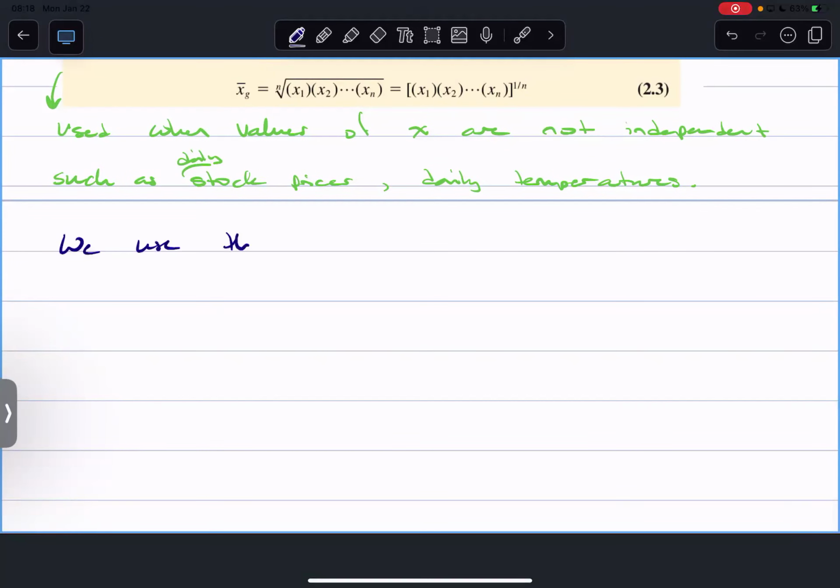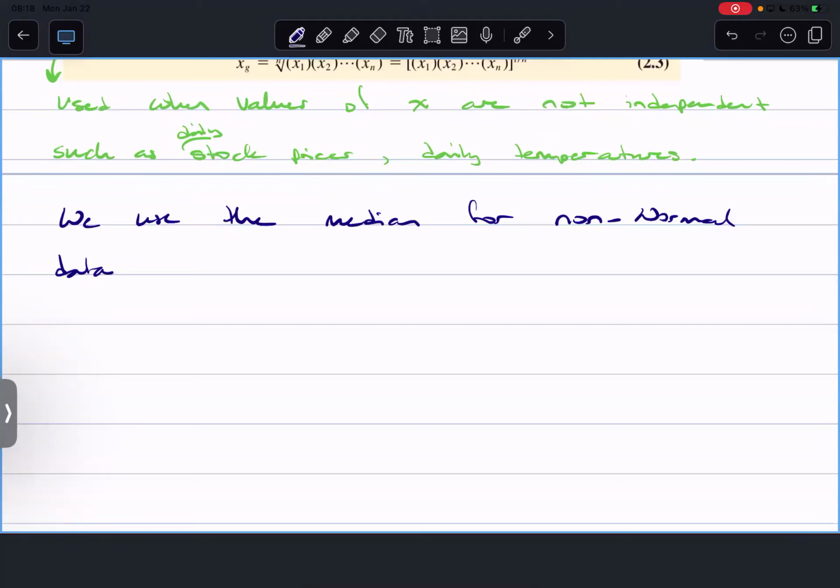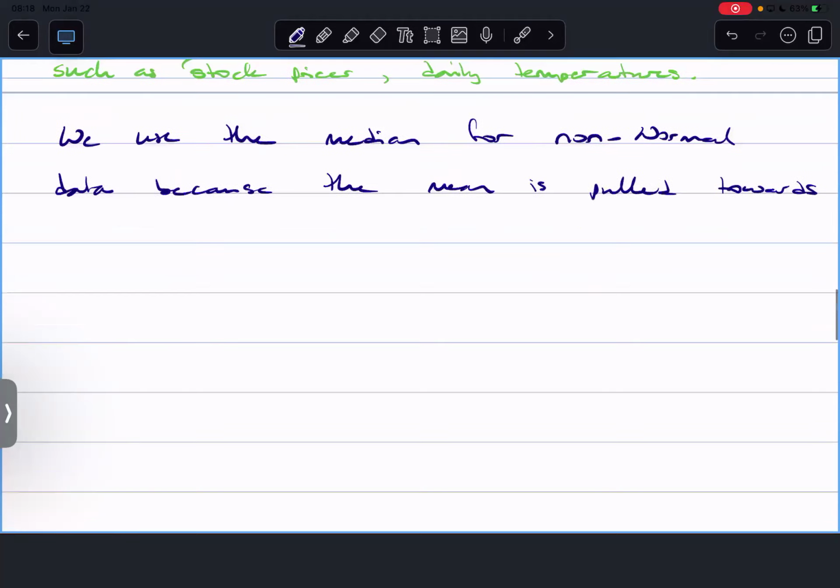We use the median for non-normal data, because the mean is pulled towards outliers, kind of extreme values.